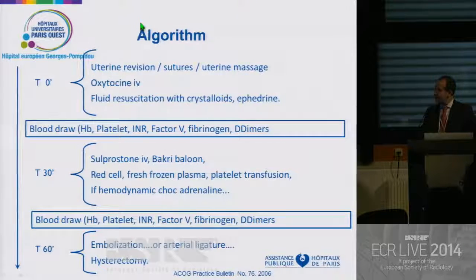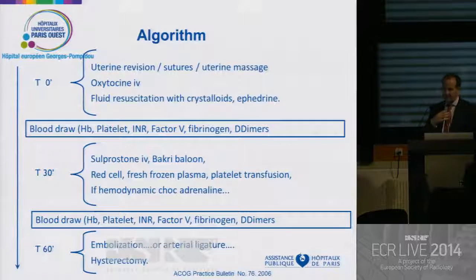This is the algorithm that we have in our center. We developed this algorithm because we are in a center without a maternity, so the women are referred to us for embolization. They need to be very well set up. We call it the golden hours: if in 30 minutes nothing improves despite all those treatments, the patient has to be referred to us for an immediate embolization.